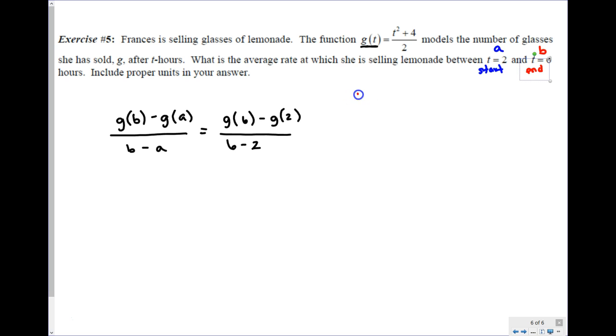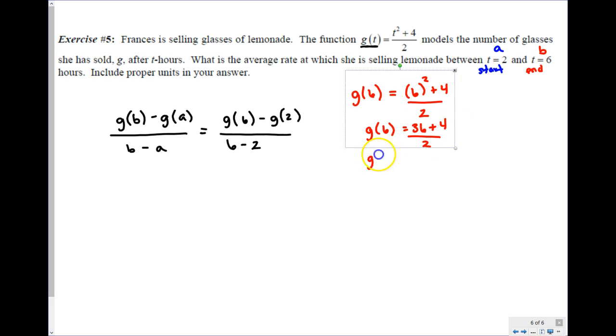So I need g of 6. G of 6 means that I'm going to plug 6 into my equation, this function up here, and simplify. So 6 squared is 36. Carry down the 4 and the 2. 36 plus 4 is 40 over 2. And 40 divided by 2 gives me 20.